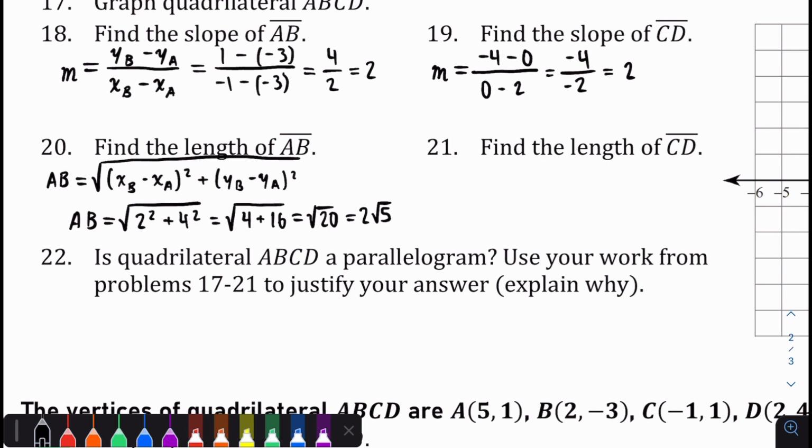Now let's find the length of CD. Again, I already did x sub d minus x sub c, and I got negative 2.